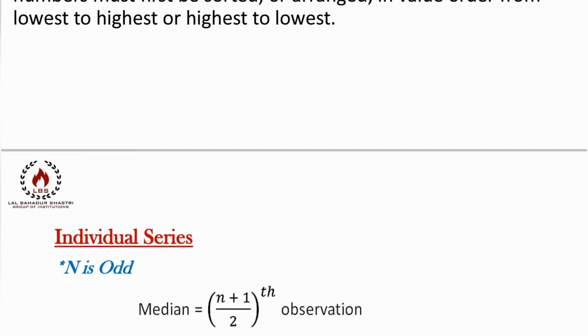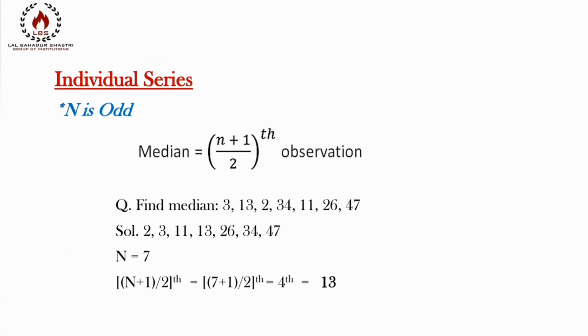So calculating median is simple as compared to calculating mean. Now, first of all, we'll discuss the individual series. In case of individual series, you have to see whether your n, that is the number of observations, is even or odd.